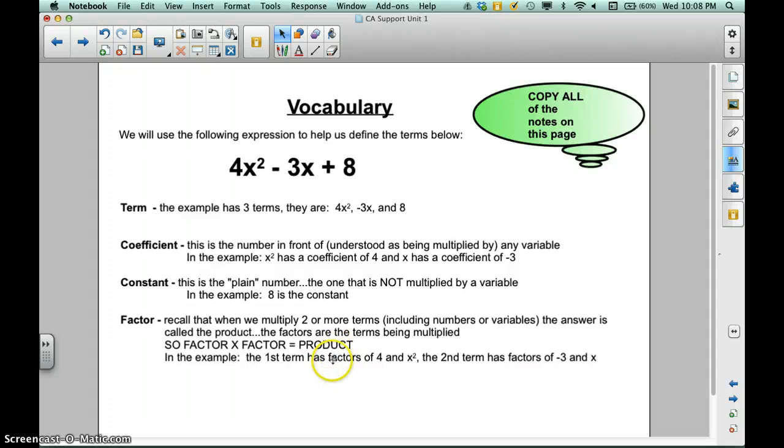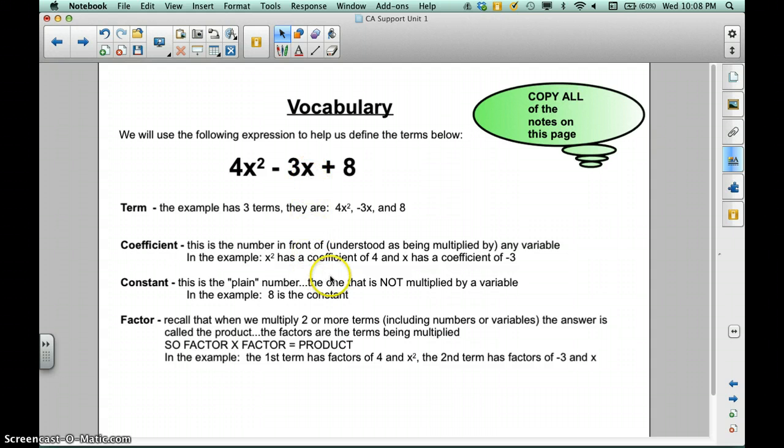In this example, the first term, the 4x squared, has two factors. The factors, the pieces that are being multiplied, are the 4 and the x squared. The second term also has two factors. They are negative 3 and x.